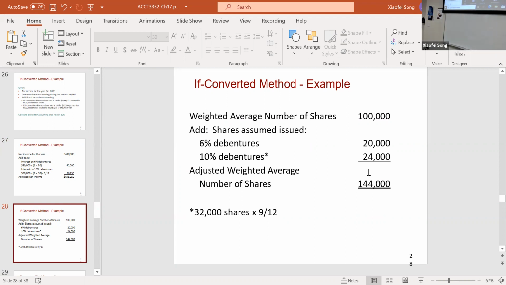One, there will be more shares outstanding, so that's the impact on the denominator. Two, the company will not have paid interest. If there are no bonds outstanding because they converted into common shares, there will be no need to pay interest.